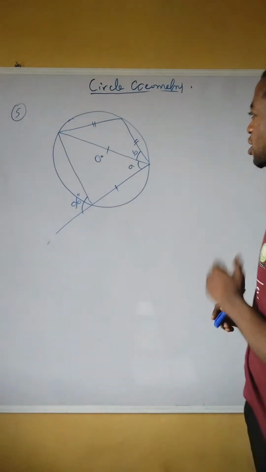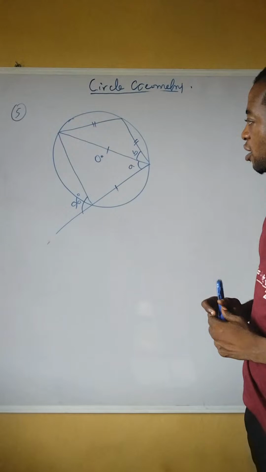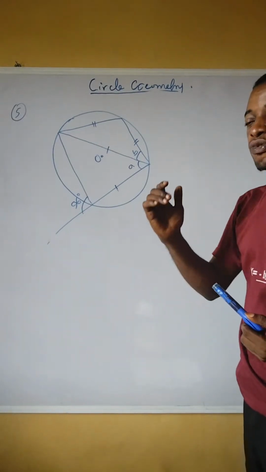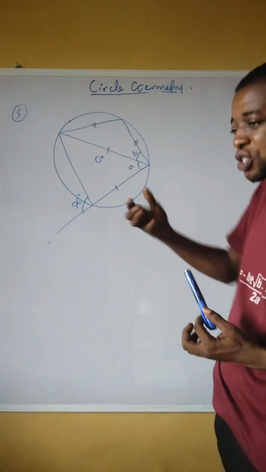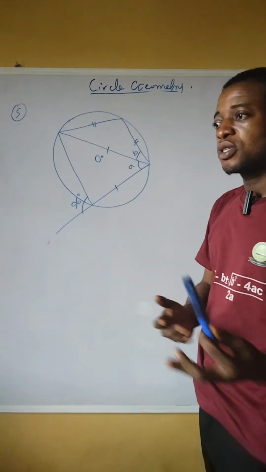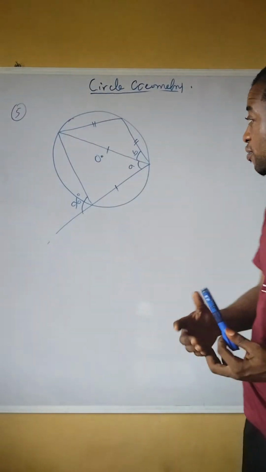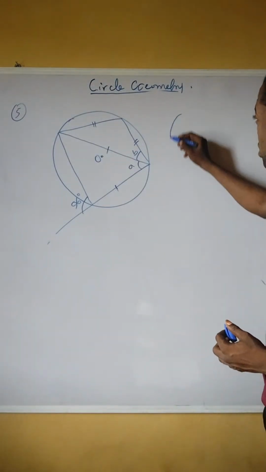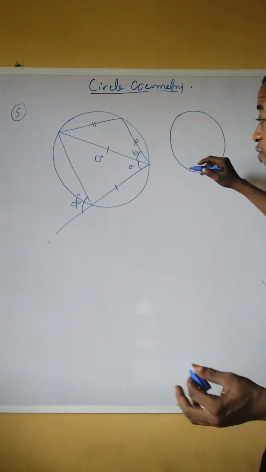Now let's look at this. From theorem 6, which is an extension of theorem 5. What I mean is that we have an extension of the opposite angle with a cyclic quadrilateral.